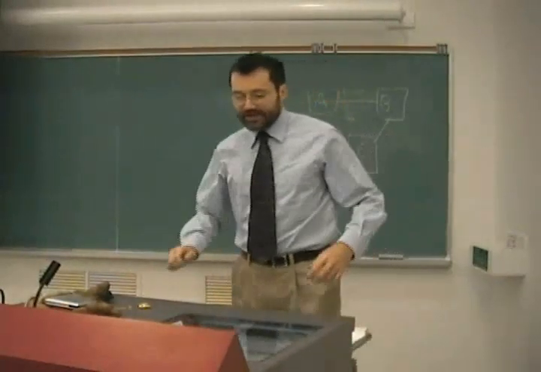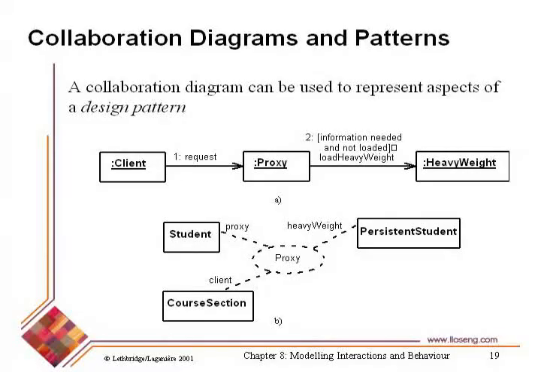Another interesting issue relating to collaboration diagrams is their relationship to patterns. On slide 19, I'm showing at the top the proxy pattern shown as instances interacting. I've got a client object, a proxy object, and a heavyweight object. The client sends a request to the proxy, and then in message 2 it says condition: information needed and not loaded.